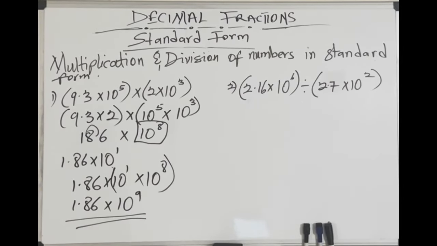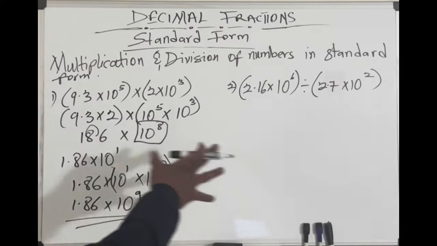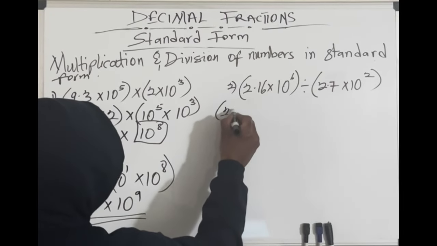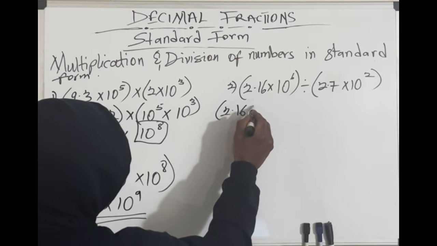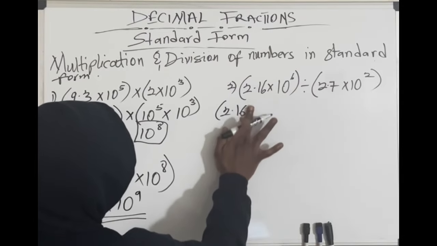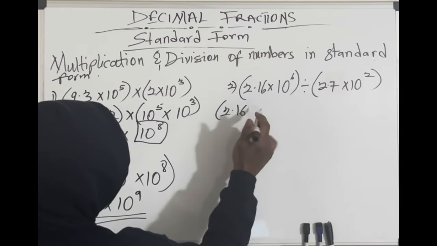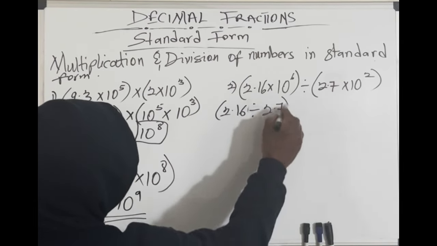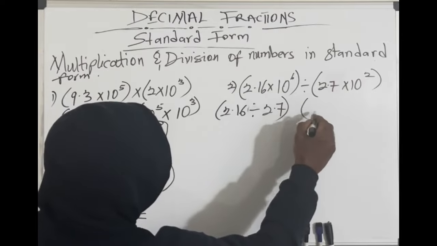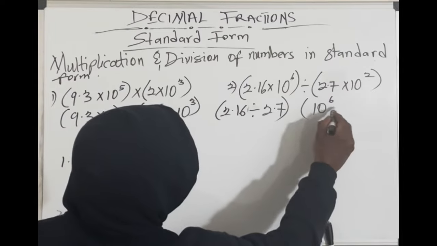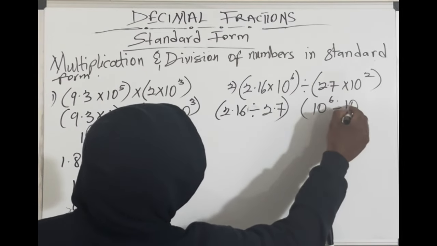We move on to the division. So just like multiplication, very easy. So 2.16 multiplied by, oh, sorry about that, divided by 2.7. Okay, then we group the 10 raised to the power 6 divided by 10.